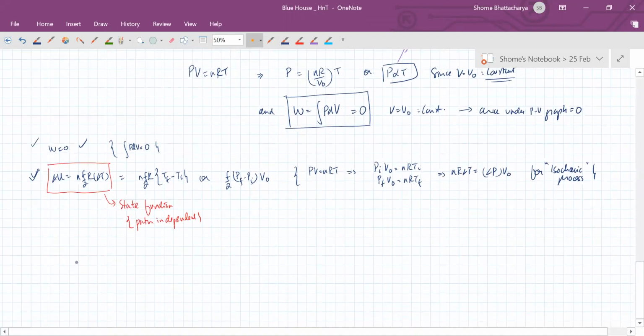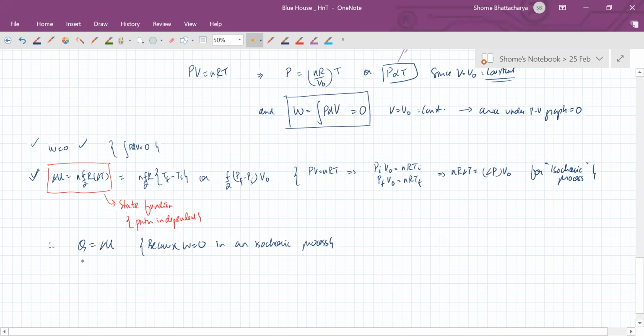Since W is 0 in an isochoric process, Q becomes equal to delta U.